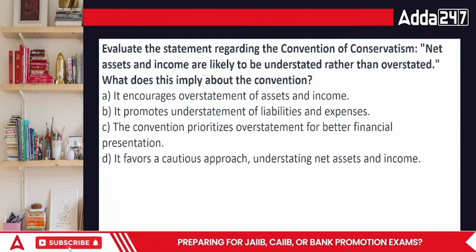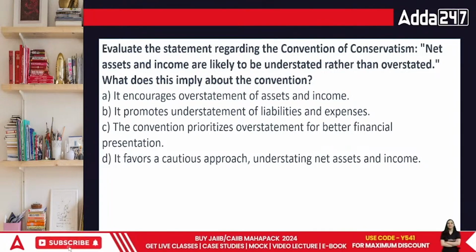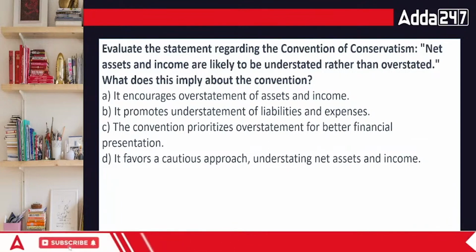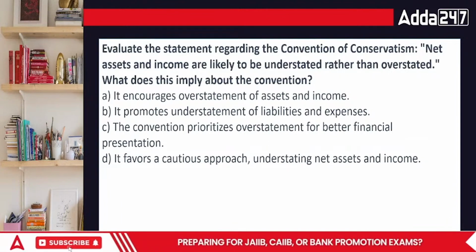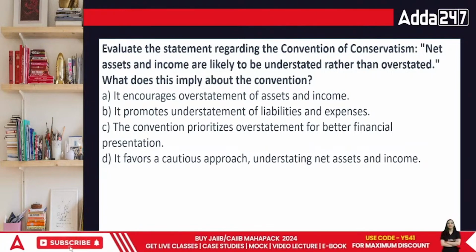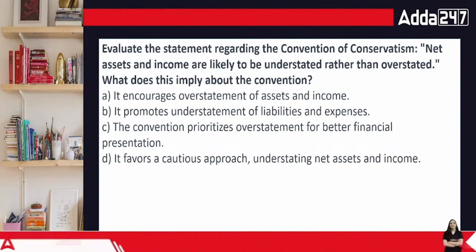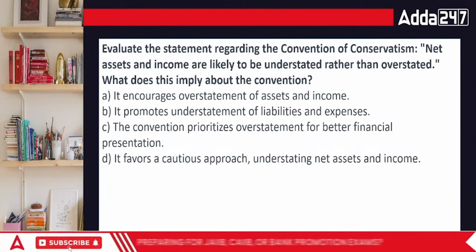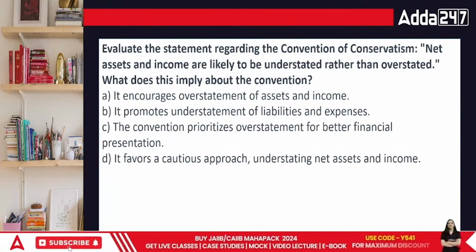And this is also very interesting. What do you mean by convention of conservatism? First of all, convention matlab whatever practices that are being followed in the market. They're called conventions. Then the second point says the convention of conservatism. Conservatism means what? Net assets and incomes are likely to be understated rather than overstated. What does this imply? It encourages overstatement of assets. It promotes understatement.